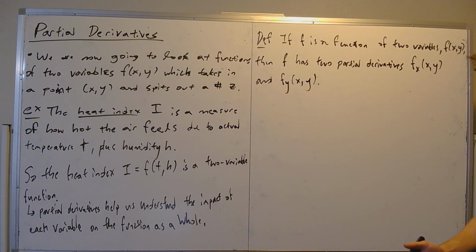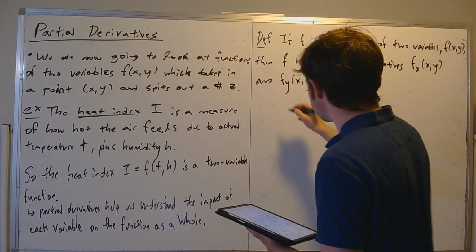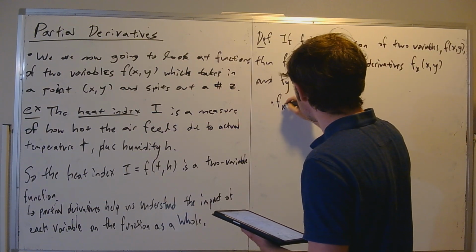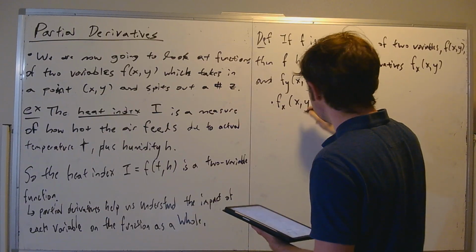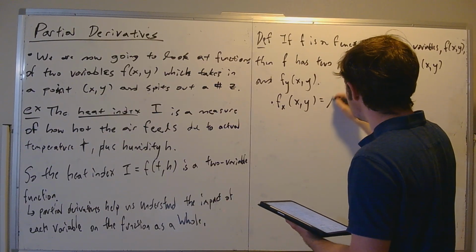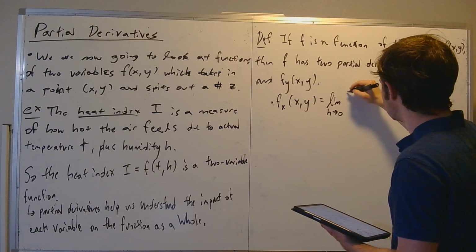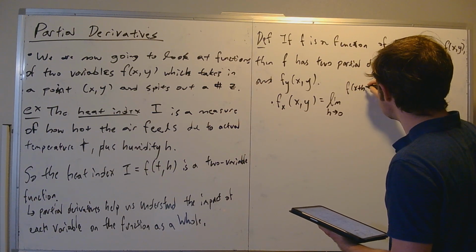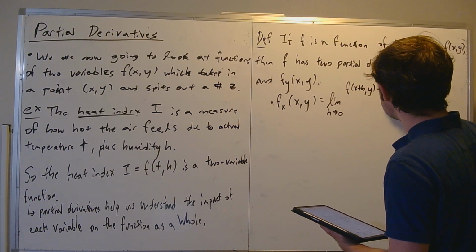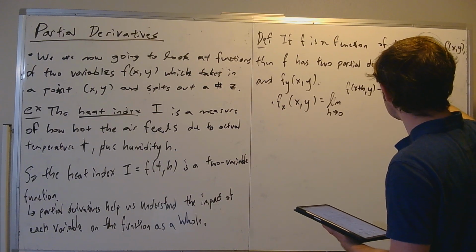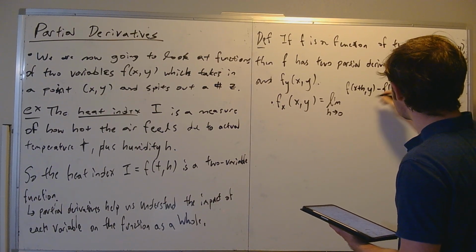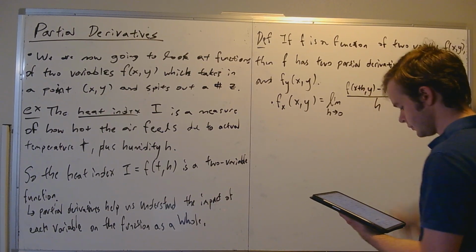Okay, and now we can go ahead and define what these two things are. f_x of x and y is going to be equal to the limit as h goes to 0 of f of x plus h comma y minus f of x comma y, over h.